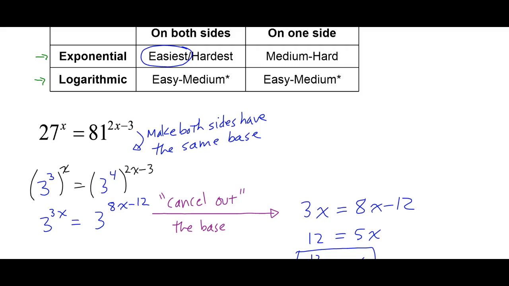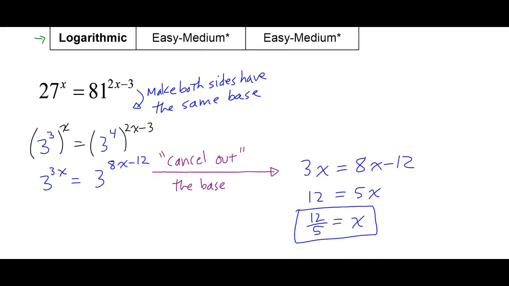If you can't get the same base, they suddenly shift to being nightmare problems. That'll be in the 5th video that we take a look at, the last one in the list. So we're going to come back to this later on. But for right now, for the easiest type, you should already be pretty successful with ones like this. Get the same base, cancel it out, continue as normal.